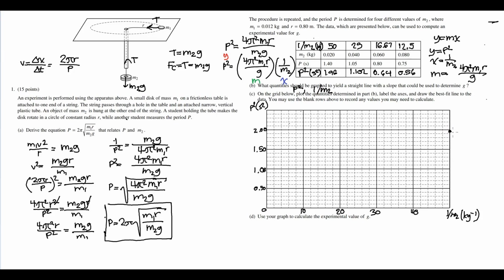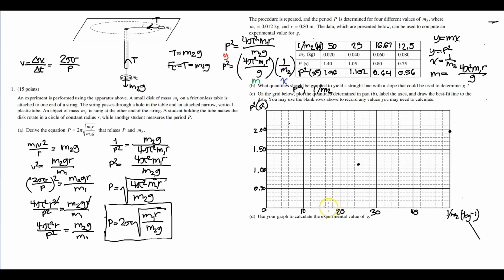Now our next point would be 25 and 1.102. 25, so dead center, and 1.102. So about here. Then 16.67 and 0.64, so two-thirds of the way through. This is about here.